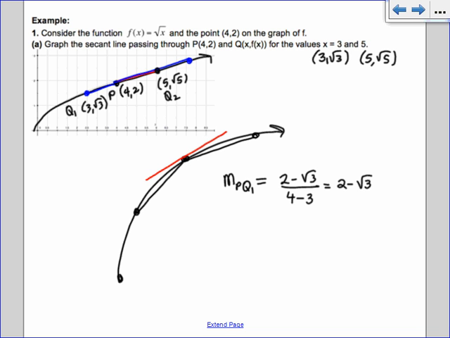So we get 0.268. All right, and then if I want to find the other one, it's going to be root 5 minus 2 all over 5 minus 4. So it ends up being root 5 minus 2, which is approximately 0.236.